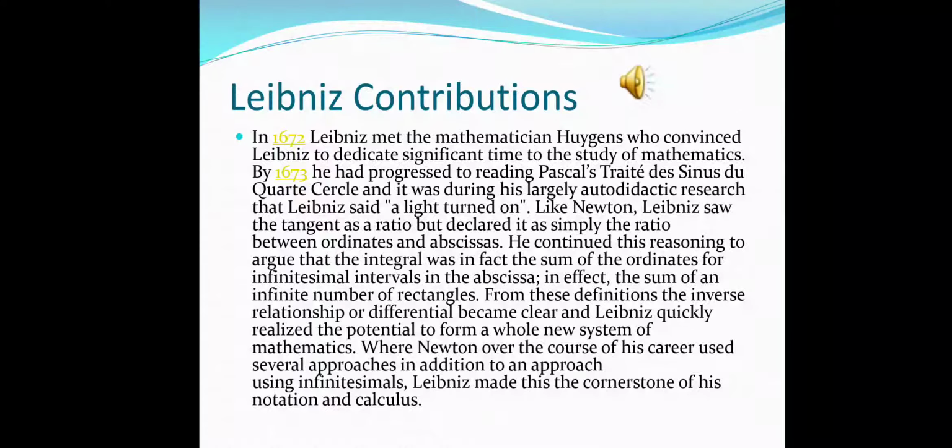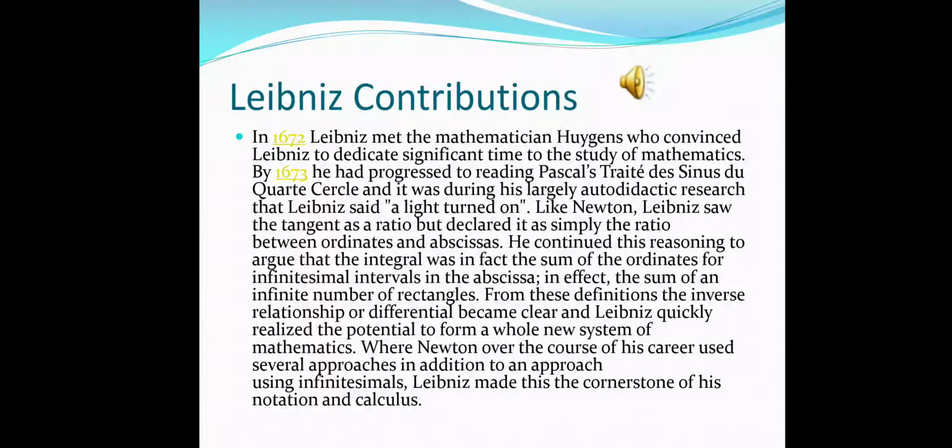Like Newton, Leibniz saw the tangent as a ratio, but declared it simply as the ratio between ordinates and abscissas. He continued the reasoning to argue that the integral was the sum of the ordinates for infinitesimal intervals in the abscissa; in effect, the sum of an infinite number of rectangles.